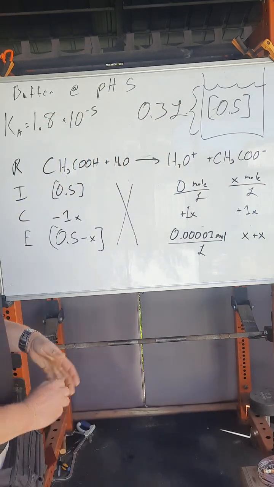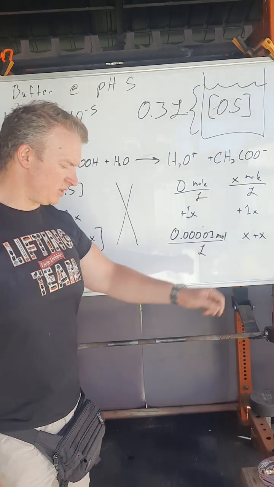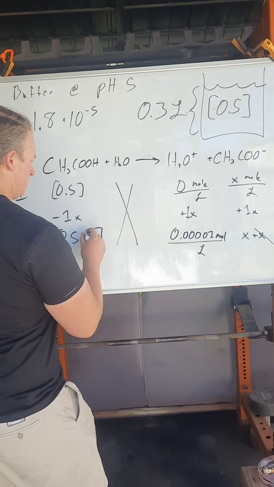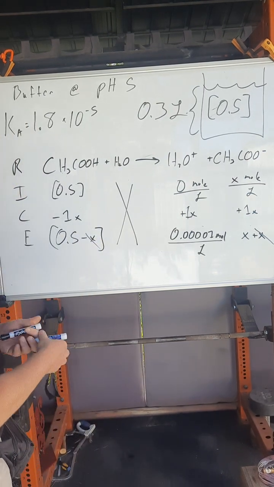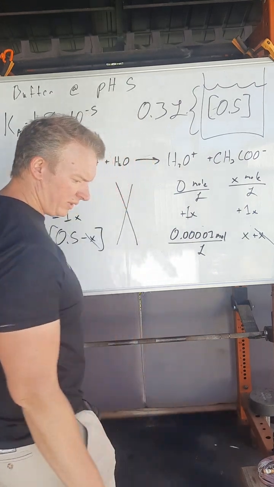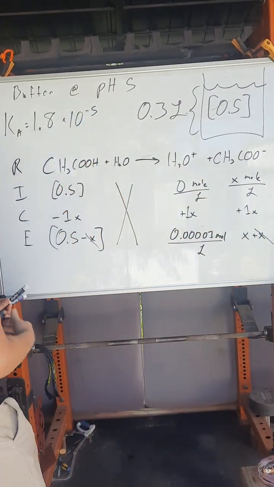Okay. When solving for our capital K expression, we often drop these terms for X because they are so small. Makes the math much easier down there. Our capital K value is up here, 1.8 times 10 to the negative 5th.